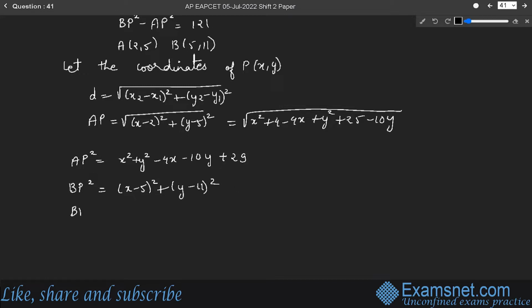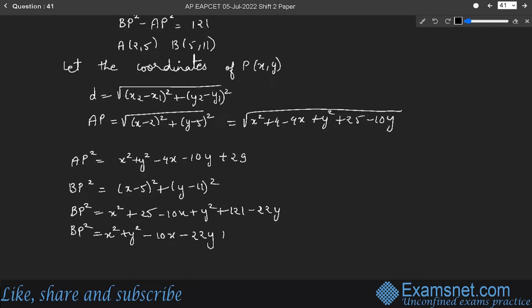So BP square will be equal to x square plus 25 minus 10x plus y square plus 121 minus 22y. Therefore, BP square is equal to x square plus y square minus 10x minus 22y plus 146.